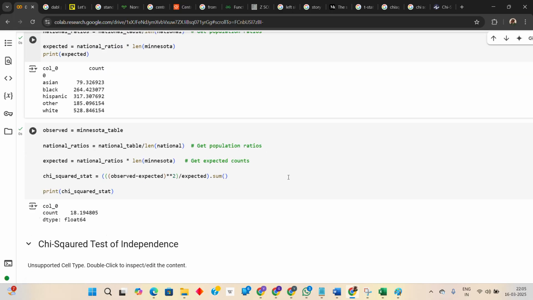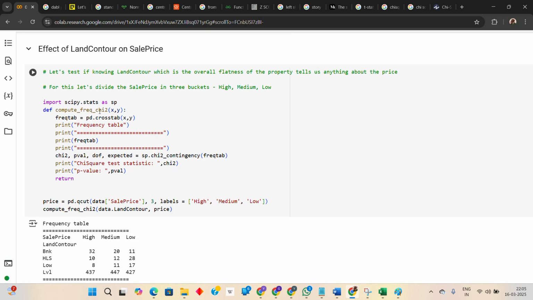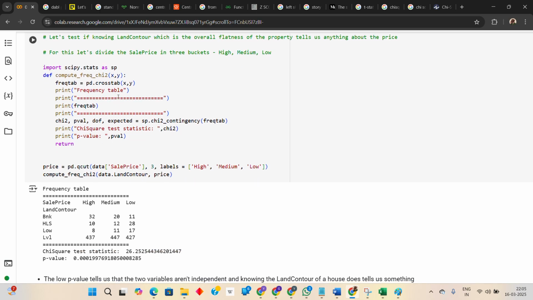Followed by this, I provided one more small example to find the chi-square with real data. Here you can see I calculated the p-value also. Both the p-value and chi-square can be calculated using scipy.stats, where there is a chi2_contingency function.